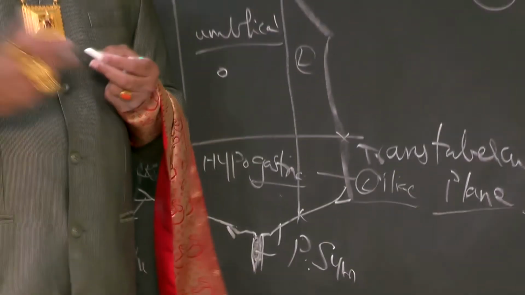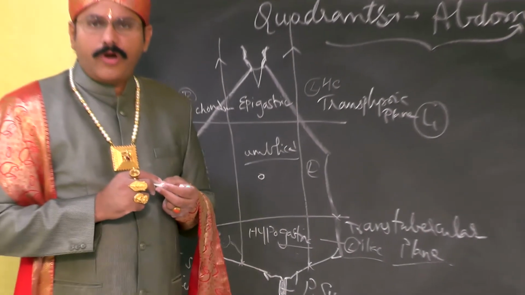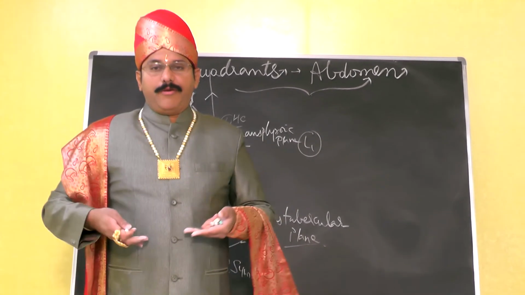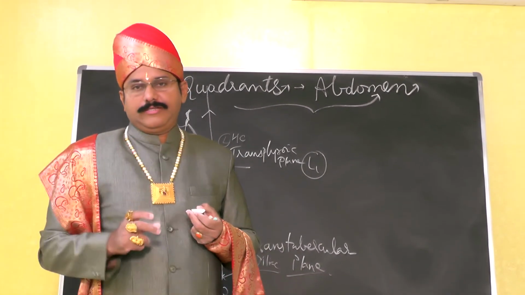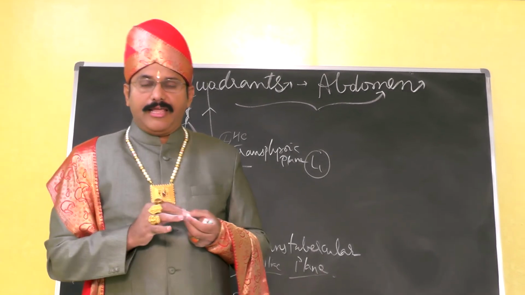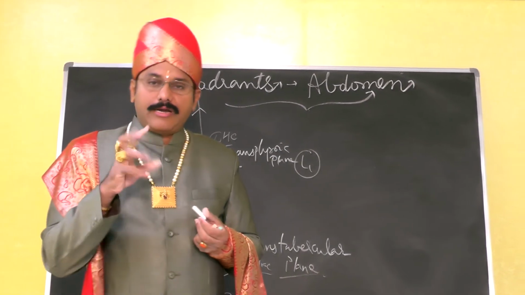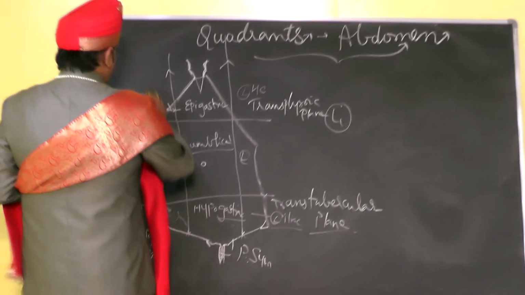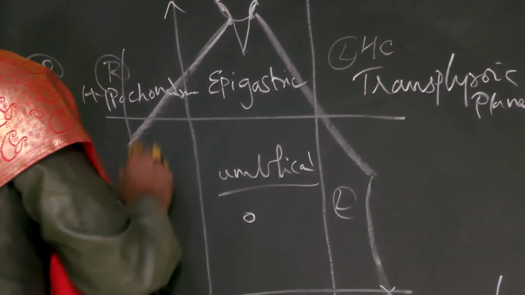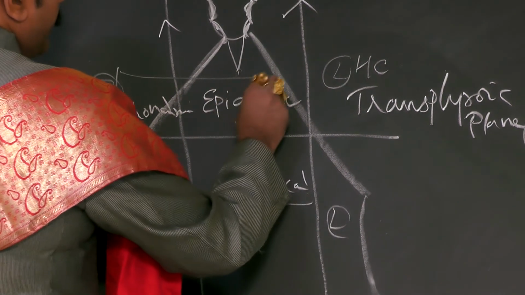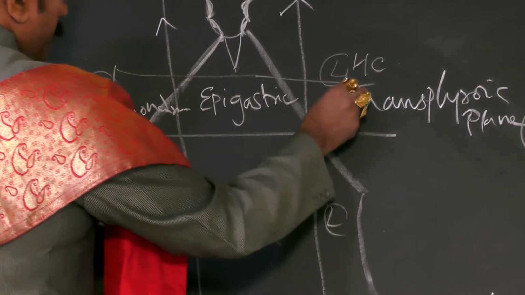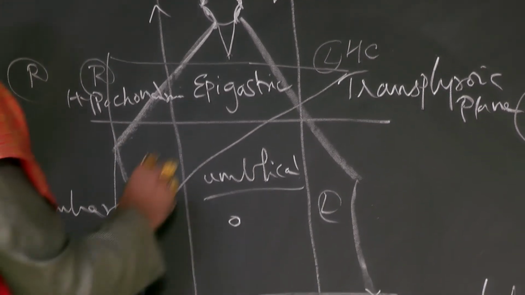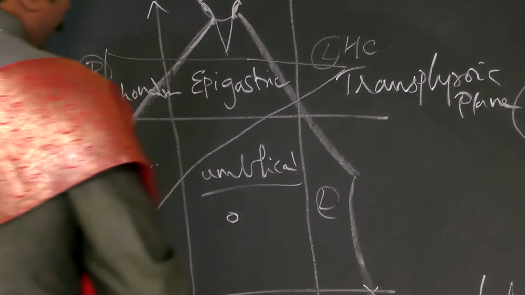In the same way, if somebody asks you where the liver is present in our body, you will not just say the liver is present in the abdomen. That is not the answer we want. Especially in the medical and paramedical fields, you should tell which quadrants of the abdomen the liver is present in. The liver is present in the right hypochondrium, extending into the epigastrium, a portion of the left hypochondrium, and also the right lumbar region.